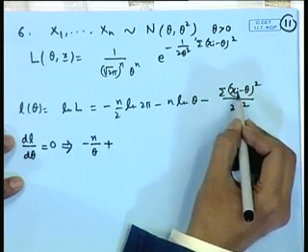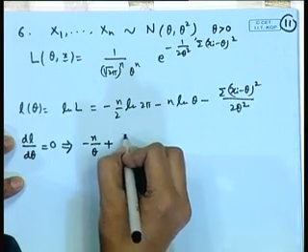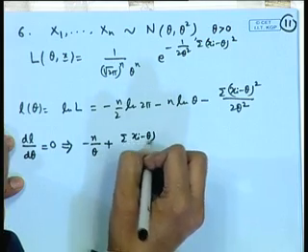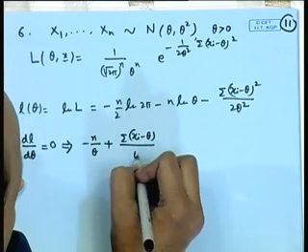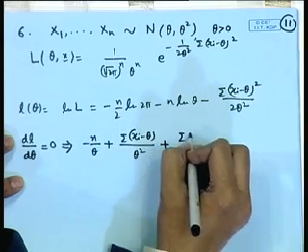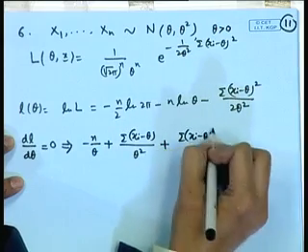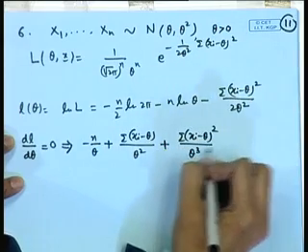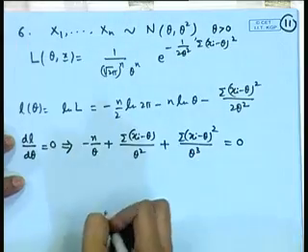So, the derivative will come in two terms, sigma x i minus theta by theta square and plus sigma x i minus theta square by theta cube is equal to 0.